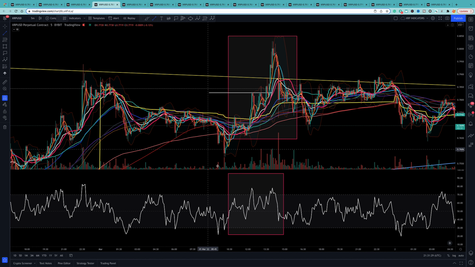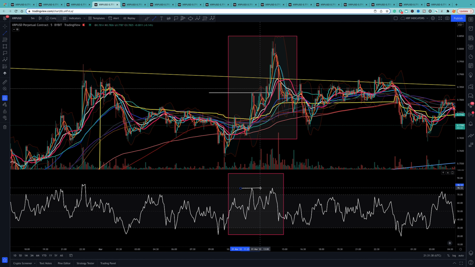Now we look at this price action here, these two levels, and look where this level is here. Here's this, that's a match, they match.